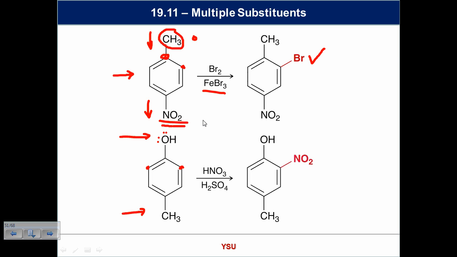So the ortho position here, it's the stronger activating group that's winning, and it's the one that stabilizes the carbocation better that's winning. So we don't go here. This is ortho to this group. We go here, ortho to this group, because this is better at what it does. It's guiding the material into that place. Partly it's more nucleophilic there, and also the carbocation is stabilized better, and the para position is already taken up.